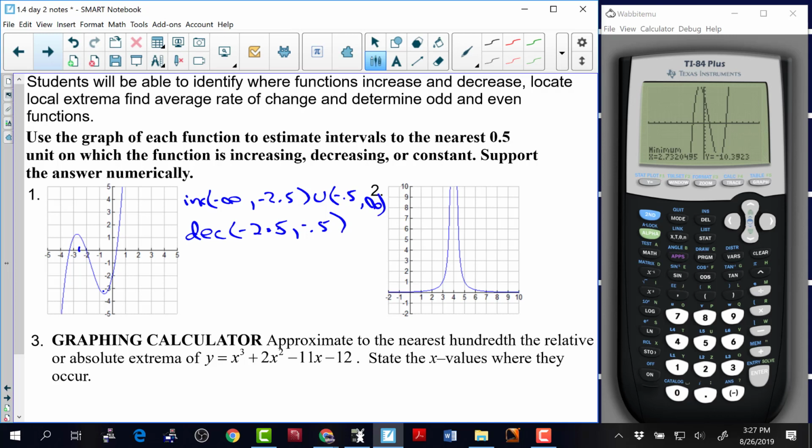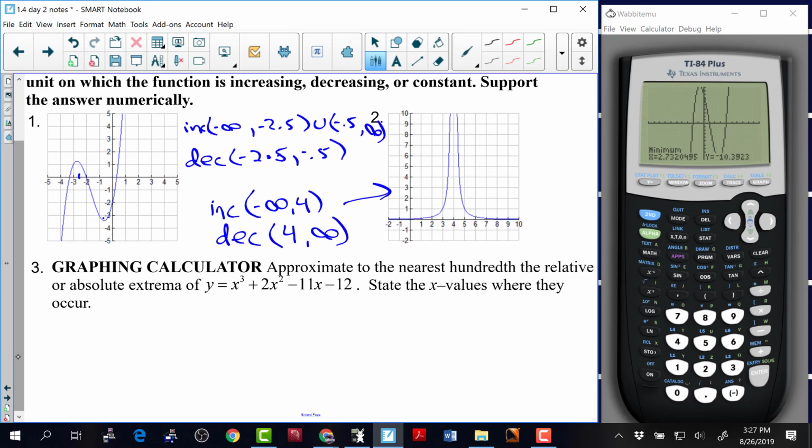Over here on this one, this function increases from -infinity to 4, and then when it jumps across 4, it decreases from 4 to infinity. Approximate to the nearest hundredth the relative or absolute extrema of that function.